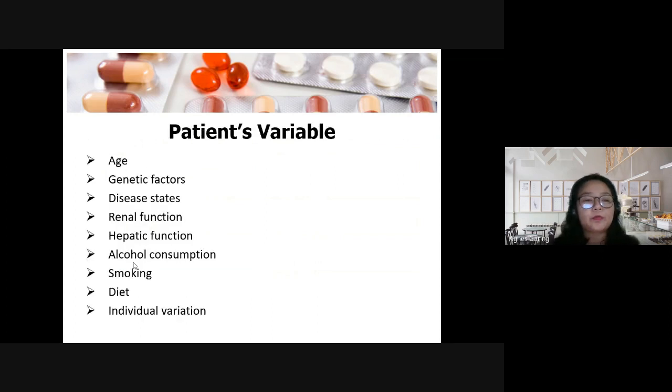Okay? So, patient's variability should also be considered, okay, in drug interaction because as mentioned, no, the age of the patient should be well considered, and then genetic factors, like for example, there are some medication, 'di ba, yung you know this already in organic medicinals, yung ating metabolic pathways like acetylation, yung mga meron tayong mga fast acetylators, we have slow acetylators, 'di ba?